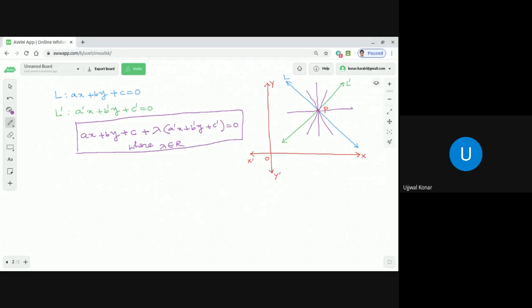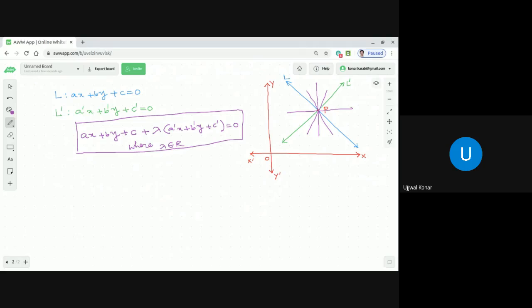Now, what I'm saying is that lambda belongs to R, the set of real numbers.